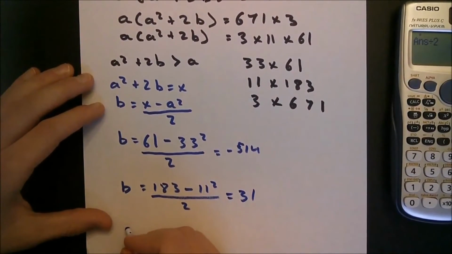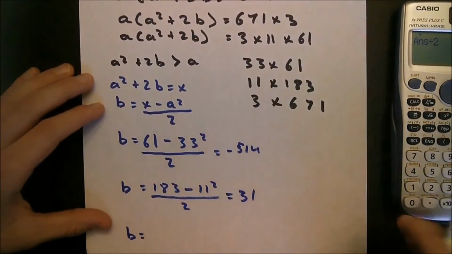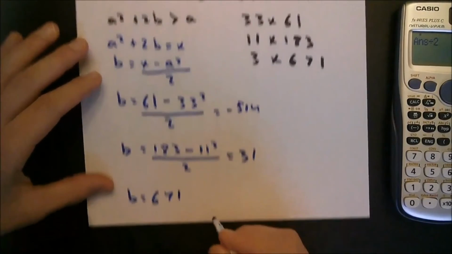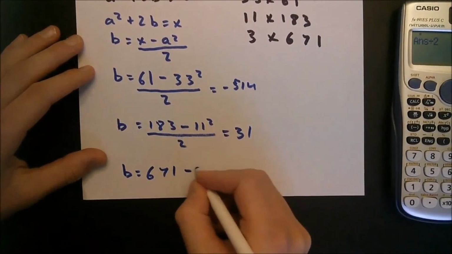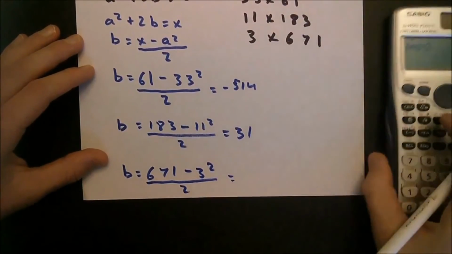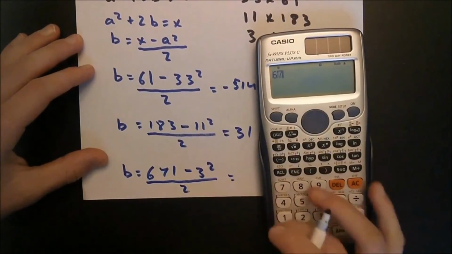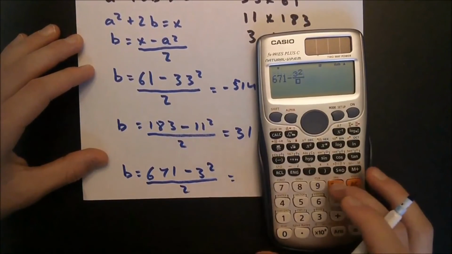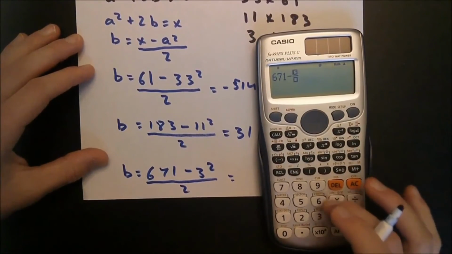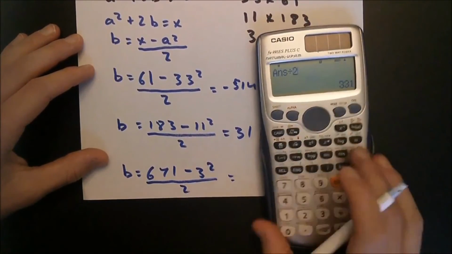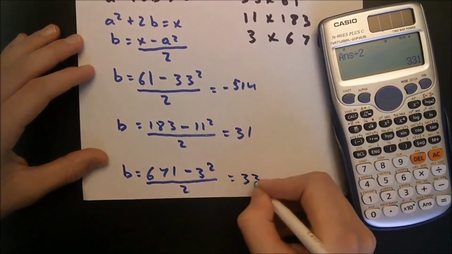And for the last one, b equals (671 minus 3 squared) divided by 2, and we get 331.